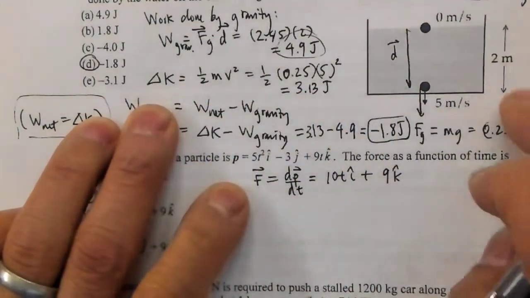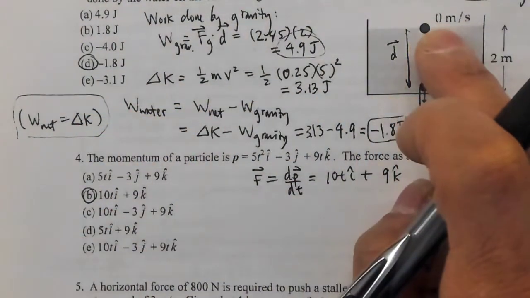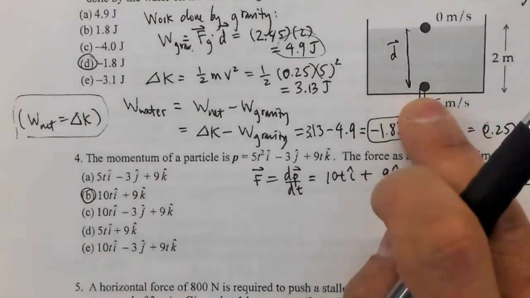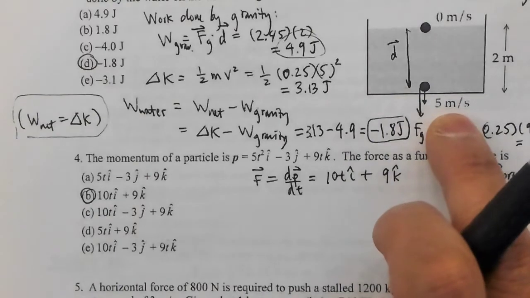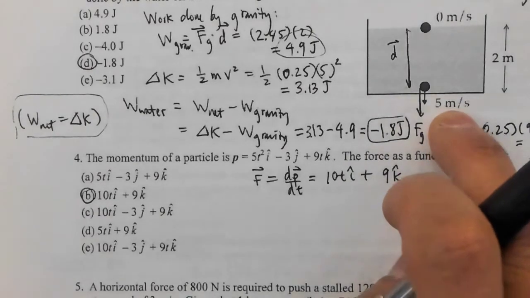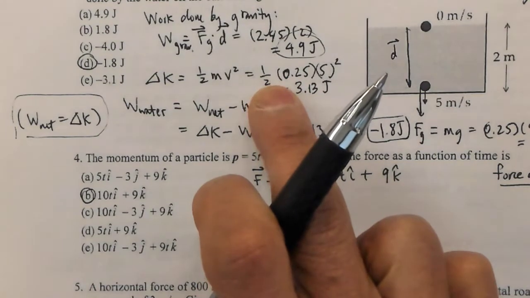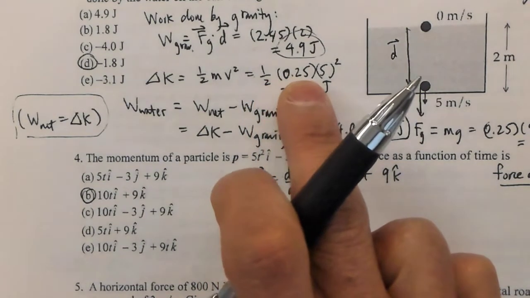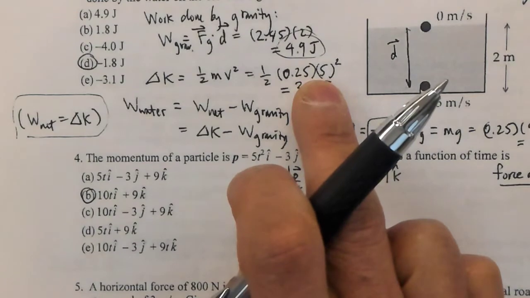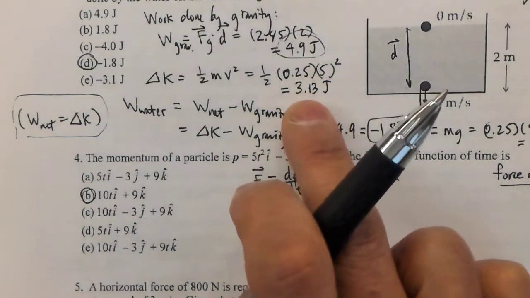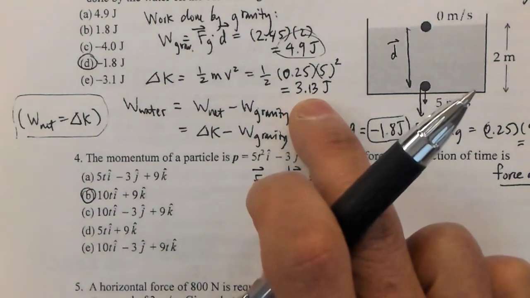So the ball bearing starts from rest, so the initial kinetic energy is 0. By the time it falls down here, it has a speed of 5 meters per second. And the mass is 0.25, so I can get the change in the kinetic energy. It'll be 1/2 times 0.25 times v final squared, so 0.25 times 5 squared, and that comes out to 3.13 joules.